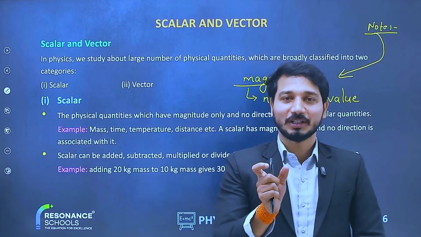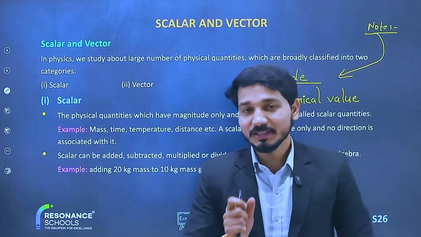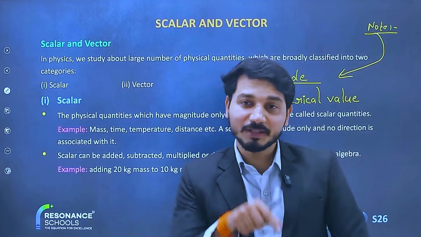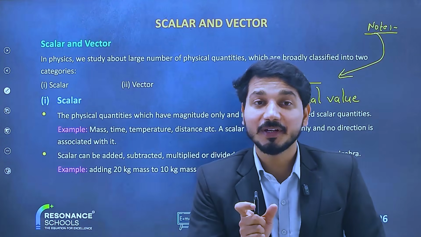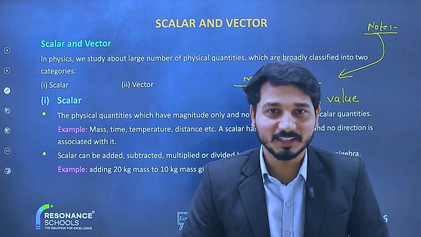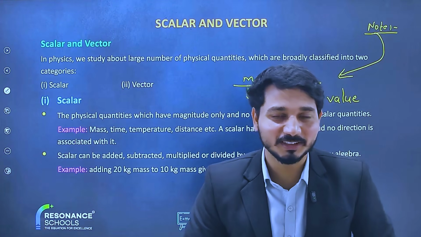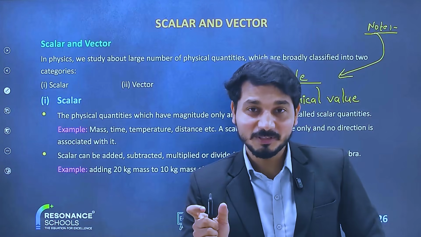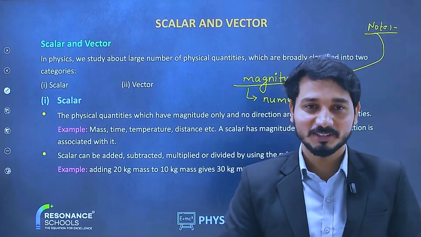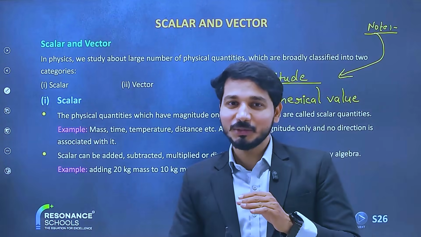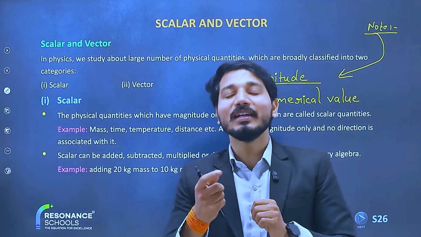Time is a physical quantity, and among physical quantities, which part is it? Fundamental. Do you remember there are 7 types of fundamental quantities? So time is a fundamental physical quantity, right? When someone asks you, you are only telling the magnitude of time.